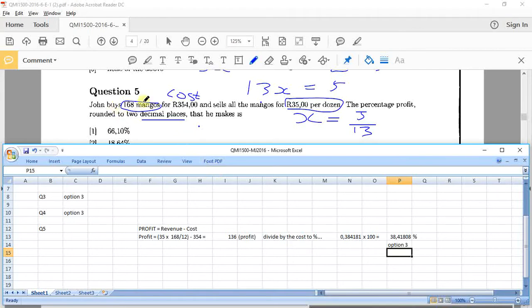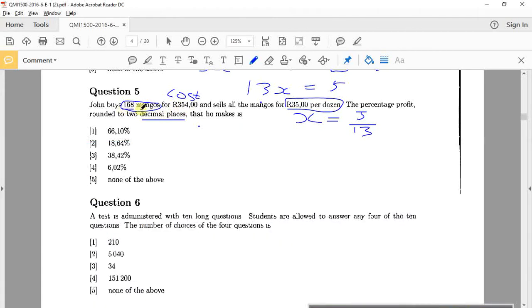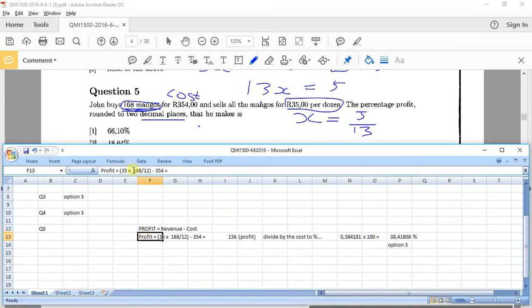So he bought 168 mangoes at 354. He chose to split these mangoes into dozens. So how many dozens did he sell? Well, that's the dozens that he sold. It's 14 dozens. Was it 14 dozens? Yes. So 14 dozen mangoes.